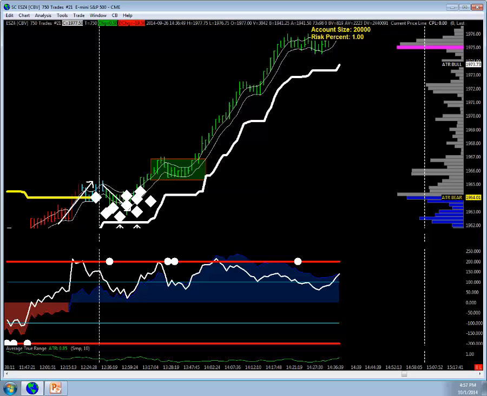Every time it stair steps here, stair steps a little bit there, you can then move your stop up to trail below that line. So you can just move your stop point from down here to here to here to here to here.